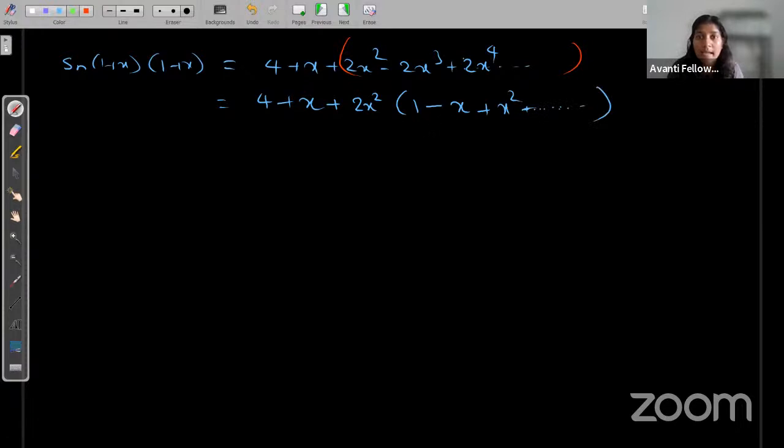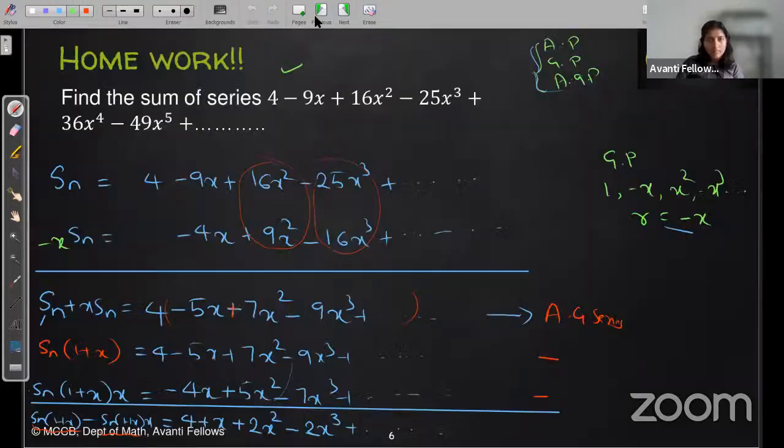Observe these terms inside the bracket. What kind of series is it? Tell me. What kind of series is 1 minus x plus x squared, so on? It's minus x, right?